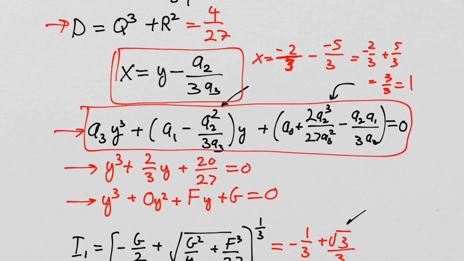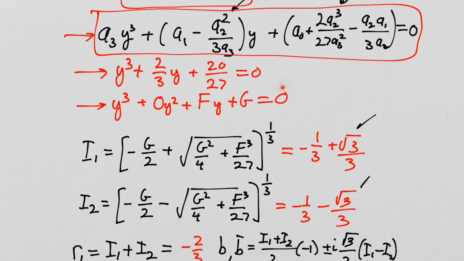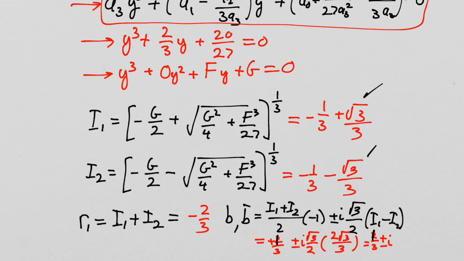It's essentially done by factoring out the real root, leaving behind a quadratic, and then solving the quadratic using the quadratic equation. Then we used these two formulas for I1 and I2, and then we have these root formulas based on I1 and I2 for the complex pair and the real root.